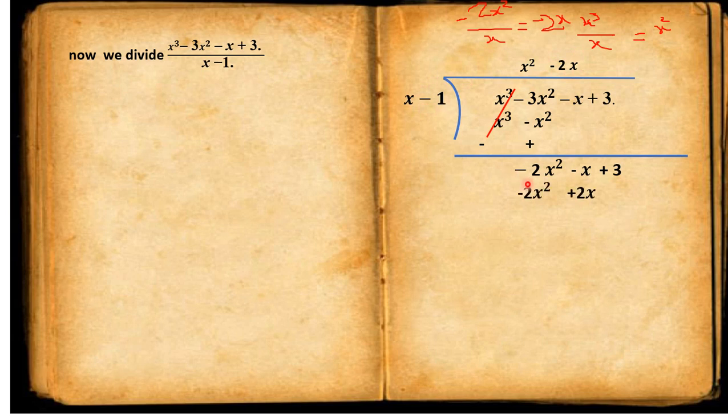Like this we will write the terms: minus 2x square below the term minus 2x square and plus 2x below minus x. Now again we have to subtract, that means the signs of these terms will be changed. So this minus sign becomes plus and this plus sign becomes minus. Now we can subtract. So minus 2x square plus 2x square, they will cancel out.